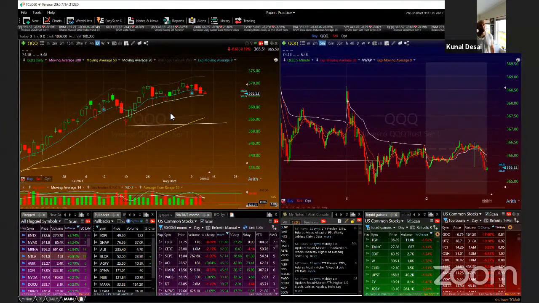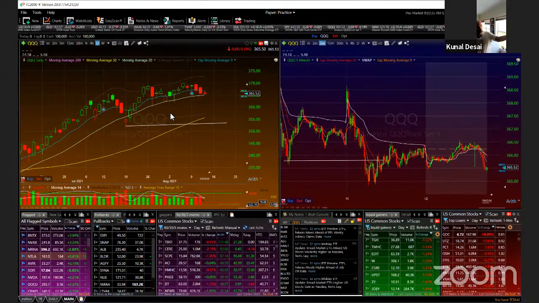So there's a couple things that moving averages do. You can't really base your trades off of them, but they give you a little bit of a guidepost. Number one, it can be an area of support and resistance, but beyond that, they help you identify trends on specific time frames.